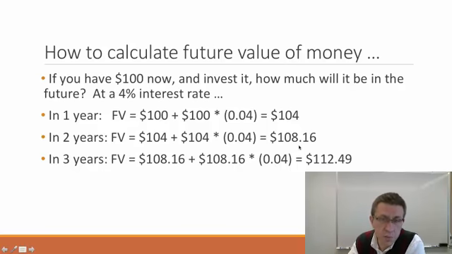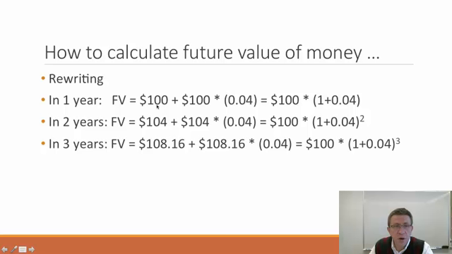Our 4% interest rate on the $104 means at the end of year two we have 108.16. What about in year three? Well, in year three we start with 108.16. Adding on the 4% interest rate times that, at the end of 3 years, we'd have $112.49.